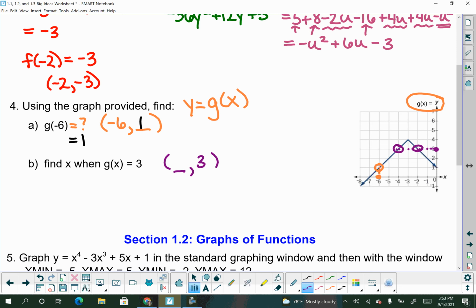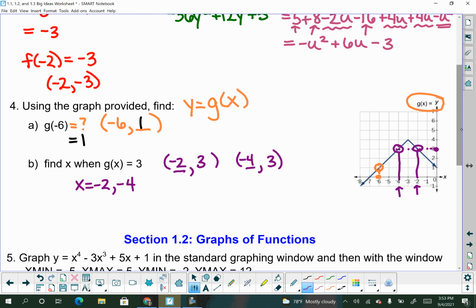That occurs at negative 2 and also at negative 4. So we have 2 points, (-2, 3) and (-4, 3), that have y coordinates of 3 on this function, and so then your solutions are x equals -2 and x equals -4, and those are the two values that you would type in MyMathLab.